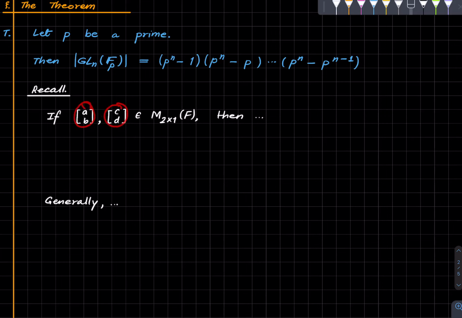Suppose we have two 2 cross 1 matrices over F, then these are linearly independent. We can talk about linear independence of such things because this is essentially F2.